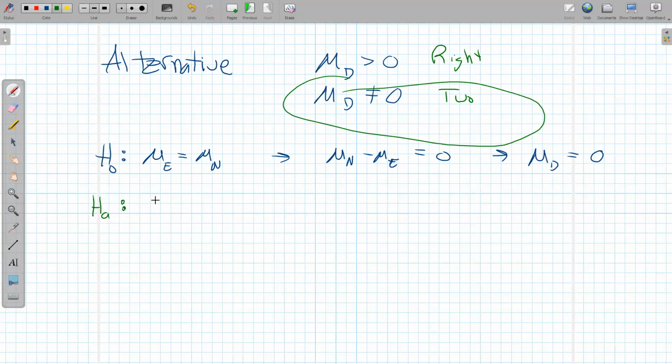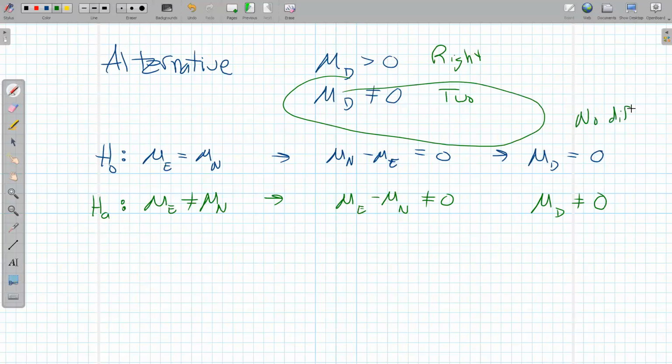So that would be saying, let's see, that mu E is not equal to mu N. Alternative version of that would be mu E minus mu N is not 0. Or we could say, hey, the difference isn't 0. So this says there's no difference. This one says there's a difference.